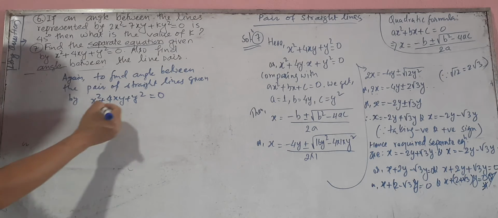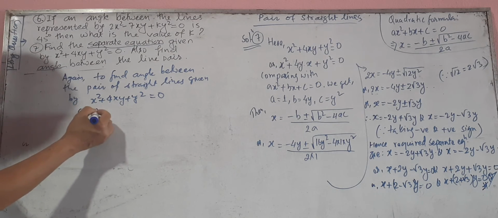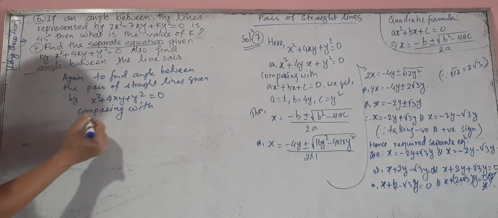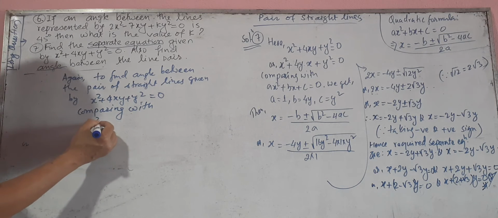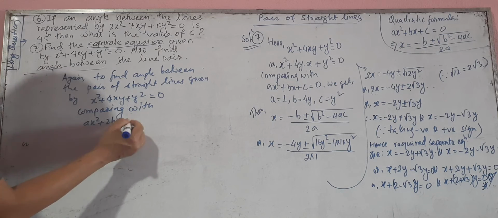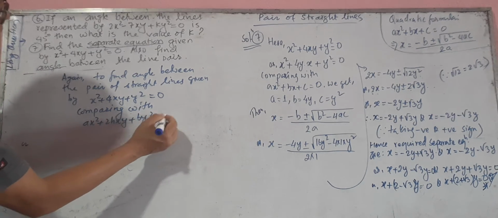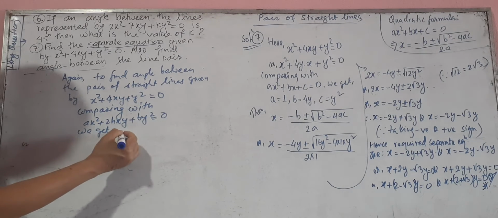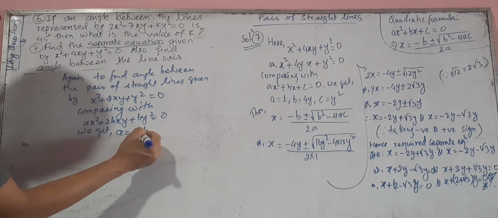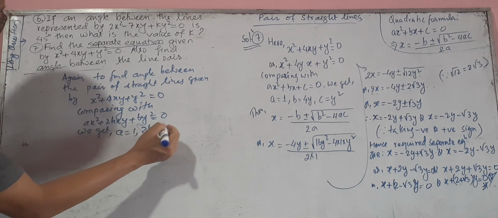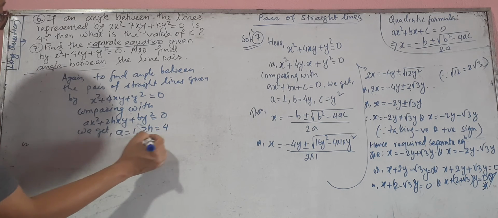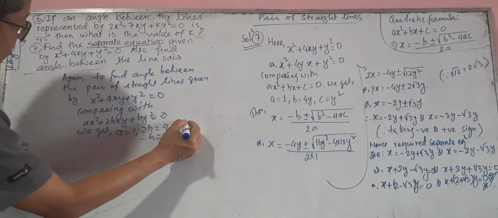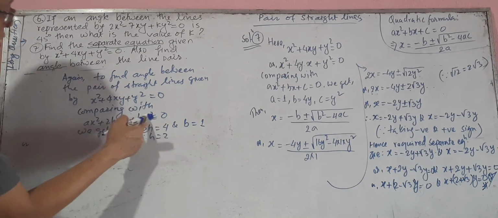To find this, compare it with ax square plus 2hxy plus by square equal to 0. We get a equal to 1, 2h equal to 4, therefore h is 2, and b equal to 1, the coefficient of y square.